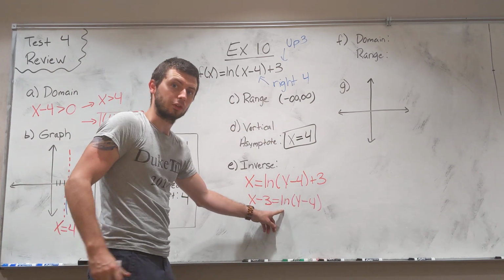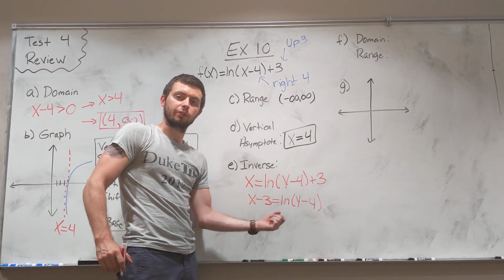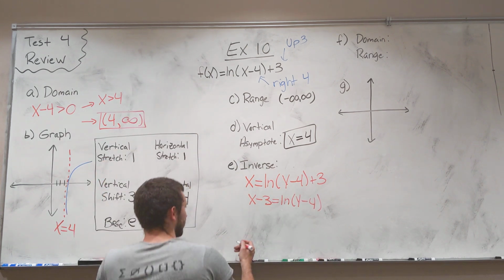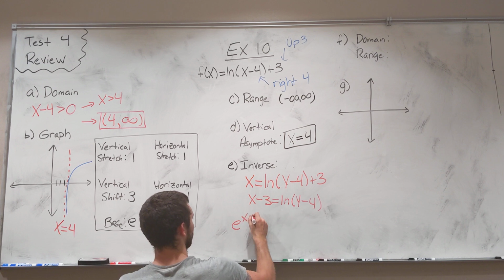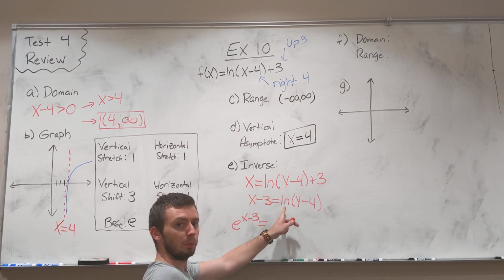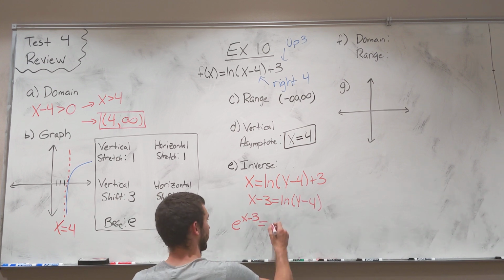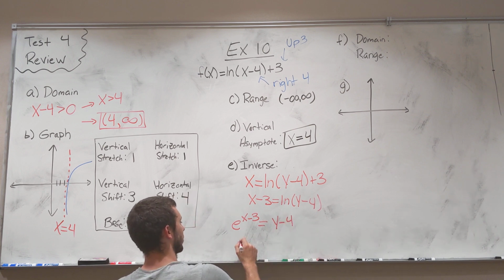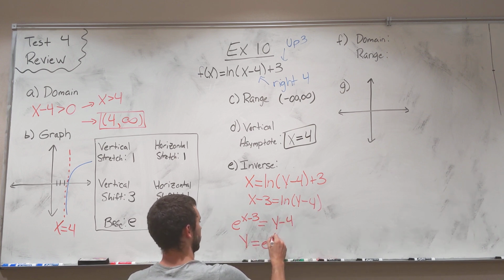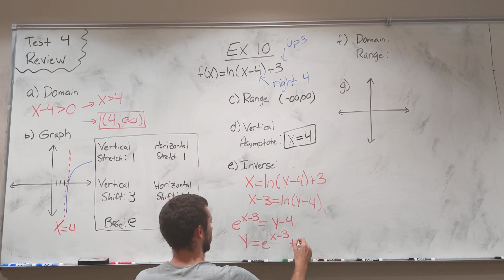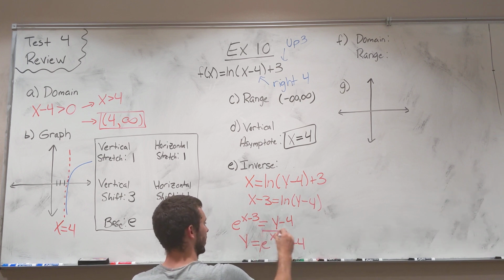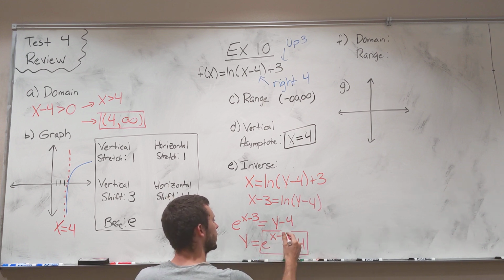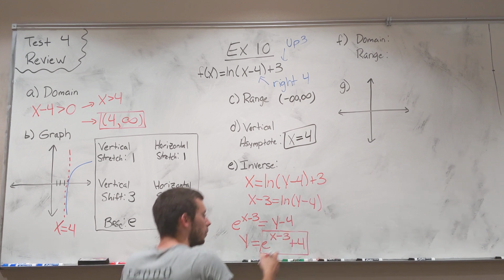But now there's an ln in the way from y being by itself, so that's when we apply e to both sides. And an e applied to an ln, they cancel out. And finally, we can add 4 on both sides. And this would be the inverse function, e raised to the x minus 3 plus 4.